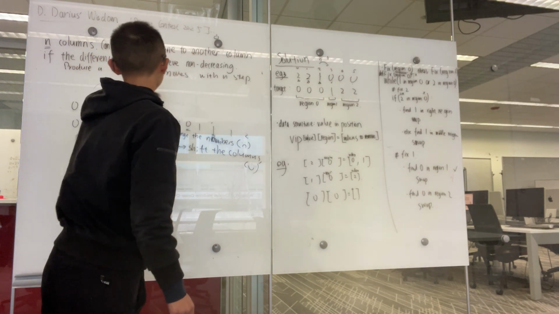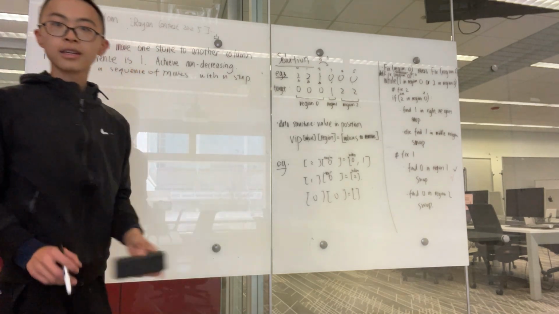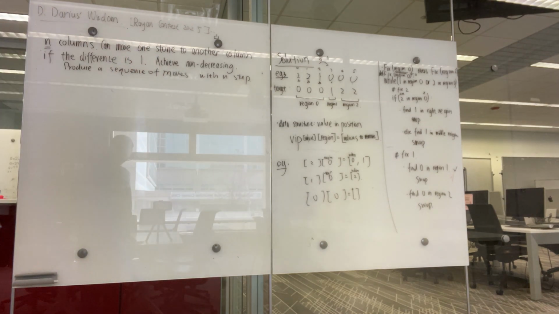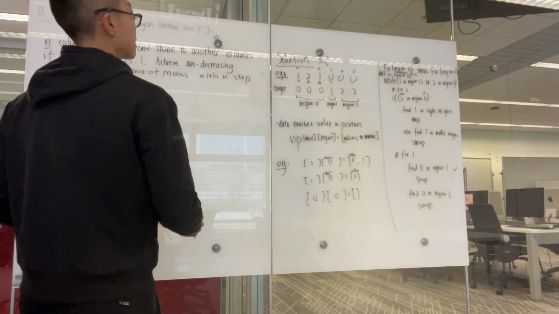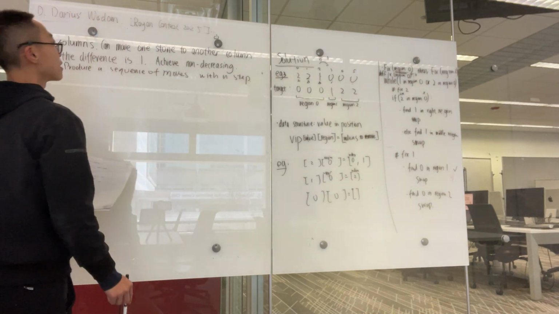Let's walk through the entire example to make it more live. So how to walk through this algorithm in real time?